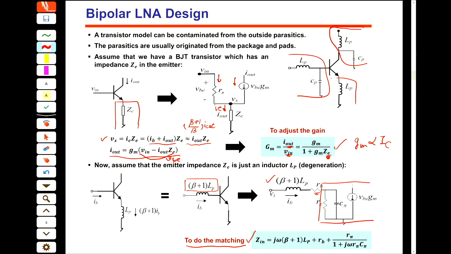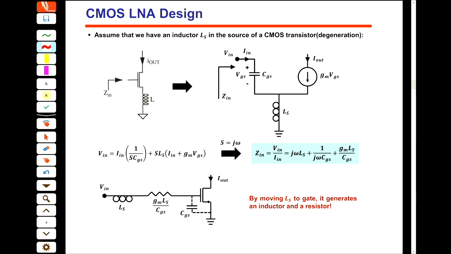The next is the effect of the L in the CMOS transistor, and it's very interesting actually. It helps you a lot to do the matching. So if we have a CMOS and we put an L inside the source terminal, the small signal model is like this. We know that the input resistance of a CMOS is infinity, and the input port we can just model with the capacitor CGS.